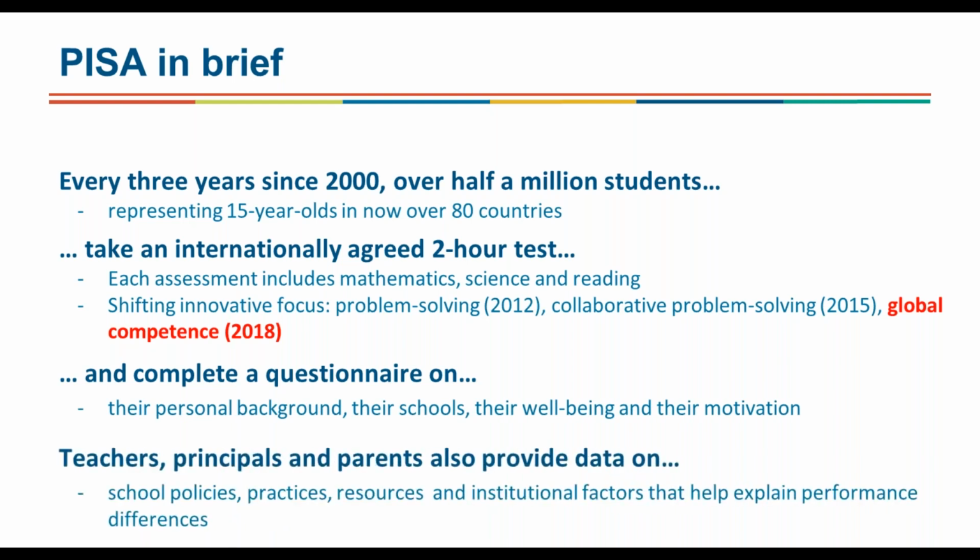And as well as the student assessment and questionnaire, teachers, principals, and parents also take a questionnaire that provides us with data on school policies, on practices, on resources and institutional factors that can also help us to explain student performance across the world.